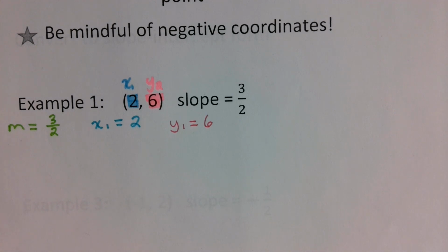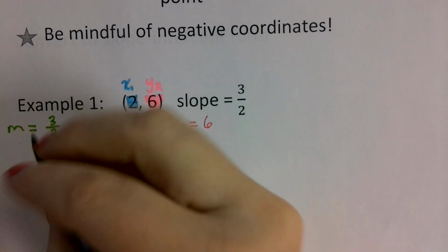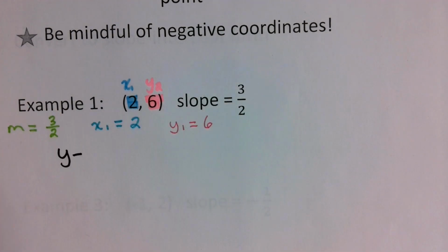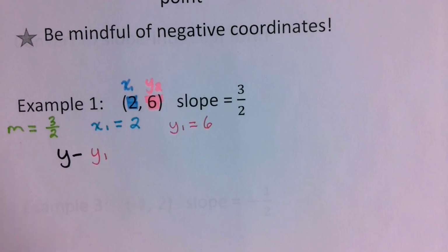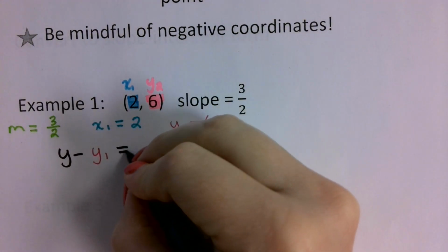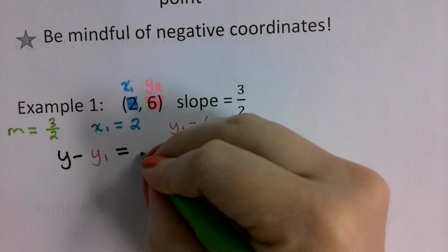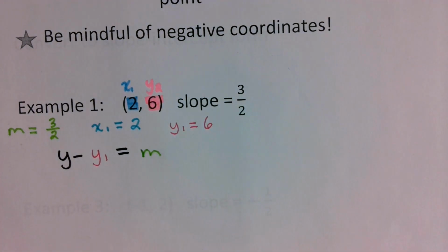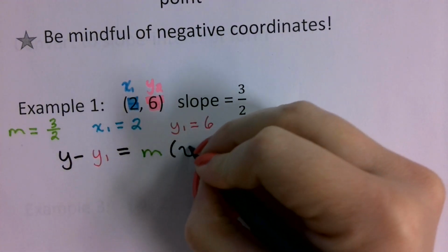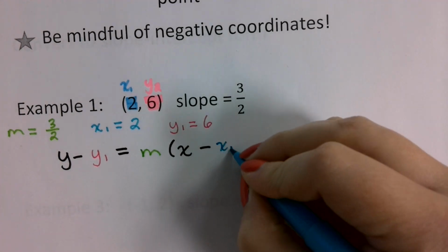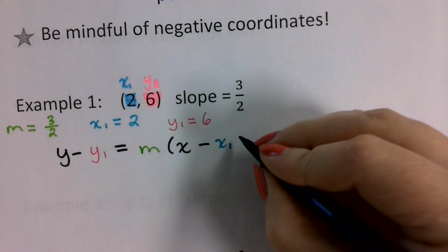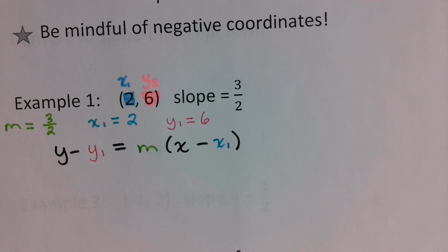So like I said before, our equation is going to be y minus y1, and it's set equal to m times the quantity of x minus your x1. So then you're just going to substitute all the values into our equation.